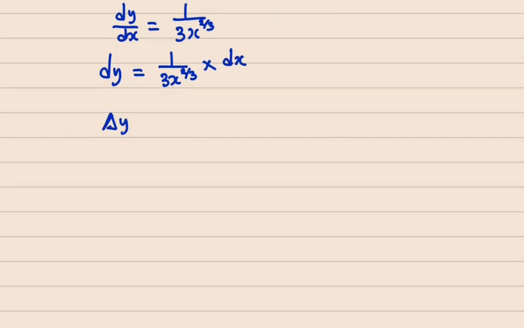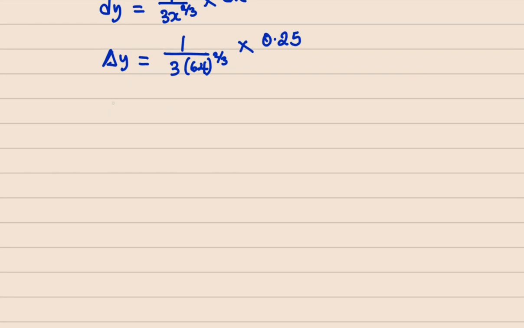So therefore, delta y now will be equal to 1 all over 3, then x is actually 64, so we are going to have 64 raised to power 2 over 3, then times delta x, which is 0.25. All right. So we are going to have our delta y equal to 1 all over 3, then we have 16, then times 0.25, which is 0.25 all over 48.